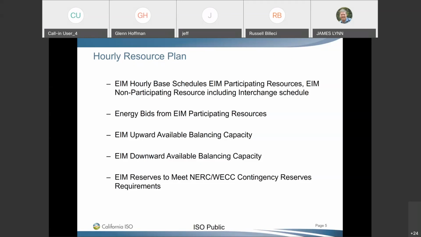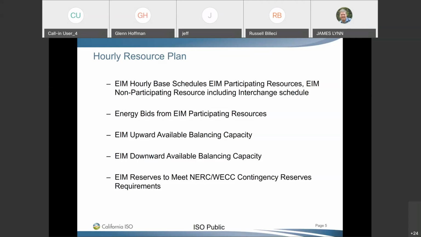If you did, let's say this resource had 6 megawatts of regulation up. I am now going to consider 6 of that 10 megawatt uninstructed imbalanced energy as regulation energy. The 4 I'm going to consider as uninstructed imbalanced energy. So when you provide these resource plans, it is crucial that you tell us what portion of that available balancing capacity is reserved for regulation up and regulation down.